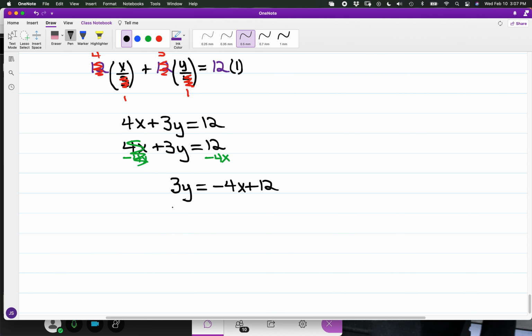And upon division by 3, 3y over 3 becomes y. We have y is equal to negative 4/3 of x plus 4.